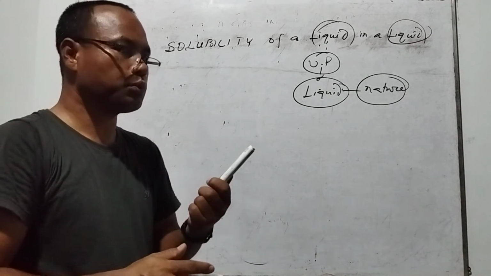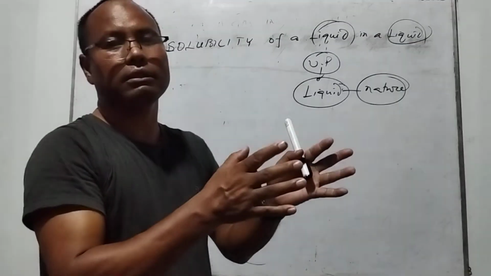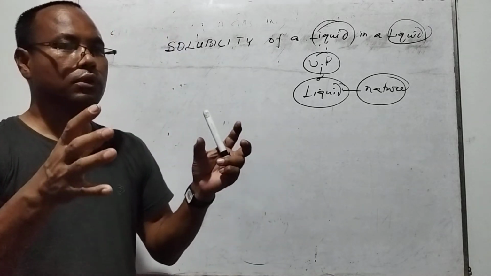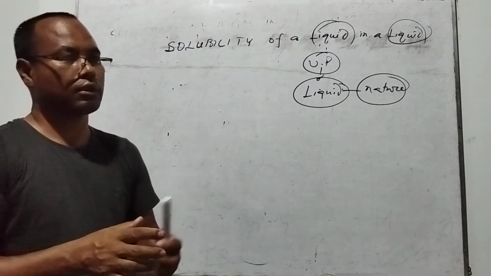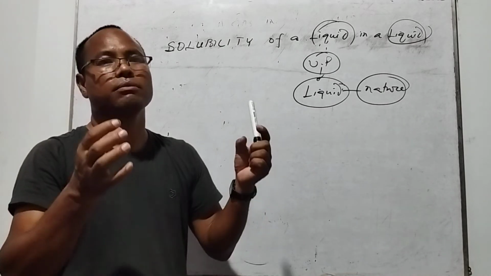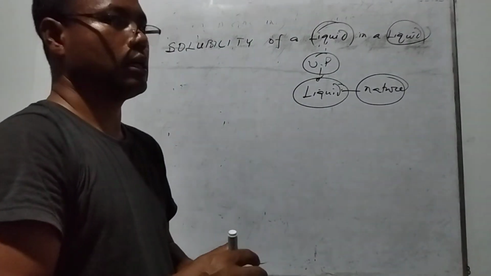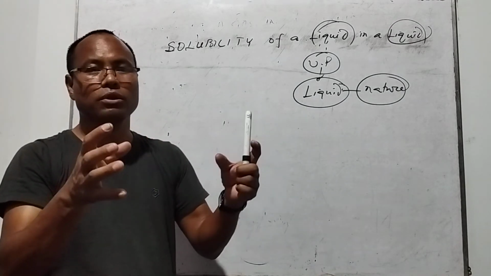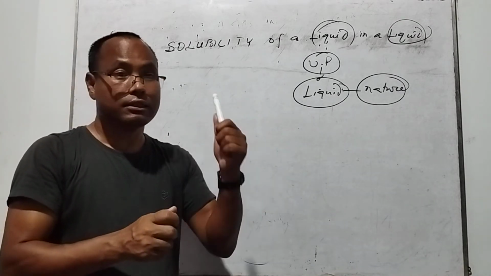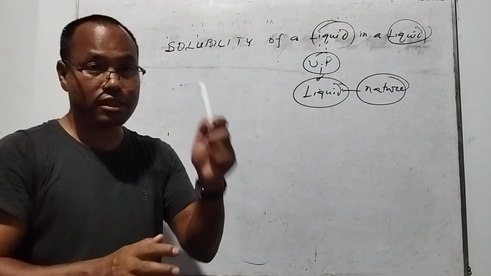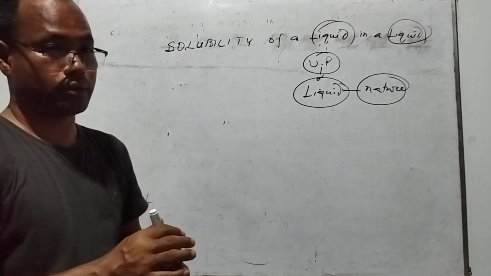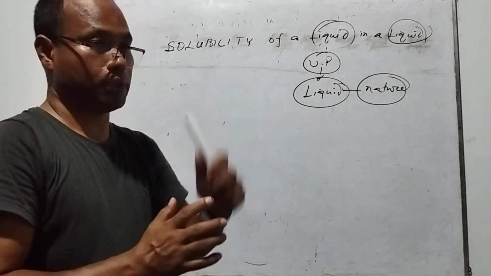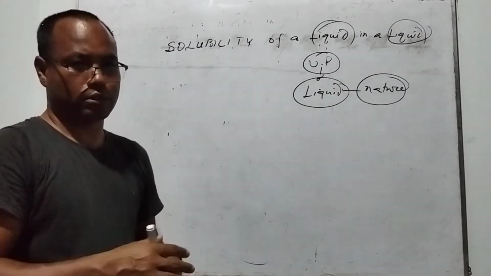That type of force we consider as intermolecular attraction. The intermolecular force of attraction, some liquids are very weak, some liquids are very strong. Those liquids having a strong intermolecular force of attraction, that liquid is difficult to escape as a vapor, right? That type of liquid we consider as low vapor pressure. Say for example, water molecule.